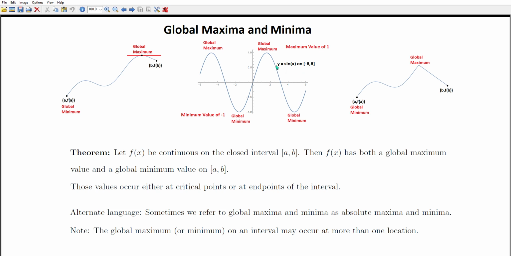Let's take a look at y equals sine x. We know the maximum value of sine x is 1, but if we look at this graph, it happens here and here. The minimum value is negative 1 for sine x, and we see it happens here and here. So we might have multiple locations for the global maximum and multiple locations for the global minimum.